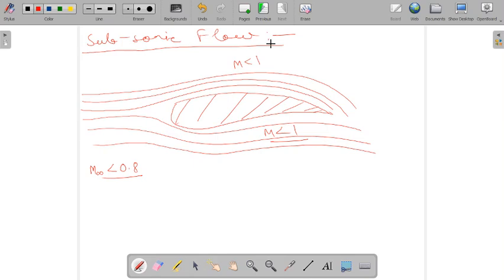Okay, and in case of subsonic flow, this value 0.8 is so adjusted that our local Mach number is not going greater than 1. Okay, so if Mach number is going somewhere greater than 1, then the flow will not be subsonic. So the subsonic keyword is used corresponding to a Mach number situation less than 1.